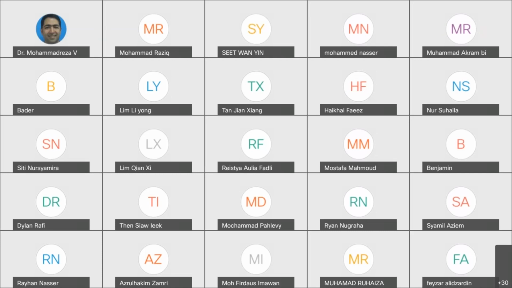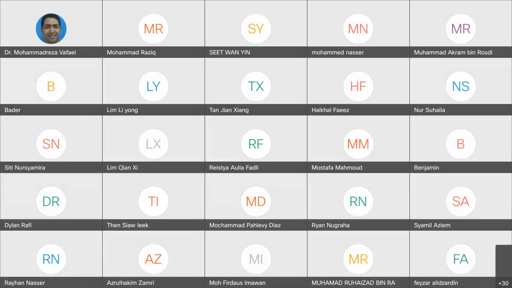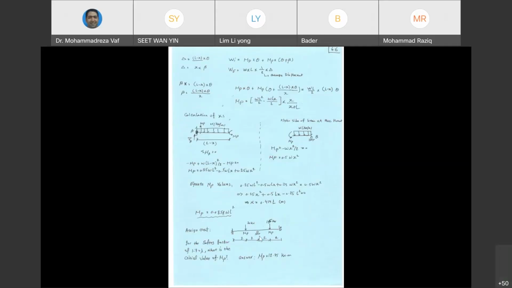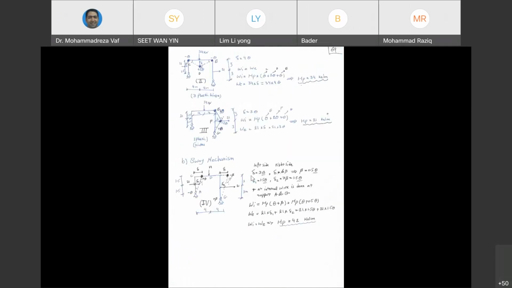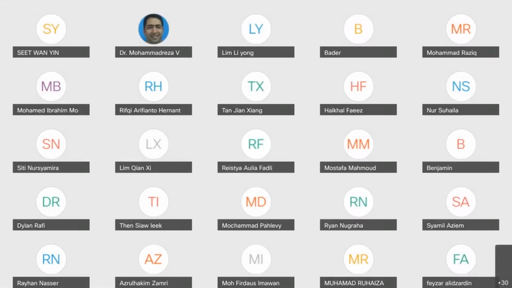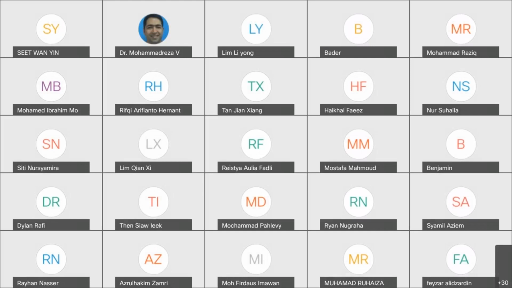So let me go back. You're talking about this question, right? Is it this one, the white color one, not the blue paper? Wait, I go and find. If it is the white color, it is the PDF file. Okay, you're talking about this one?